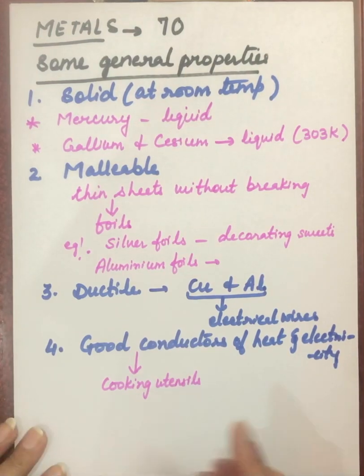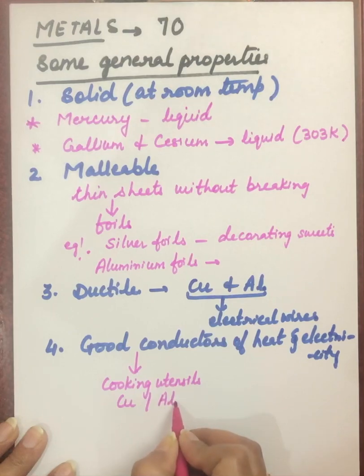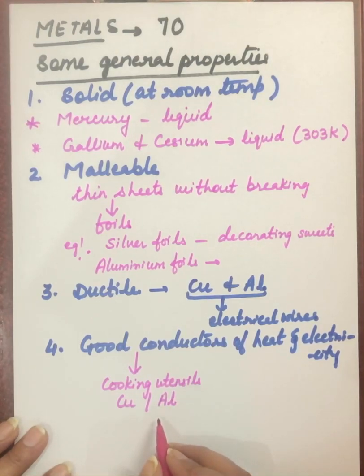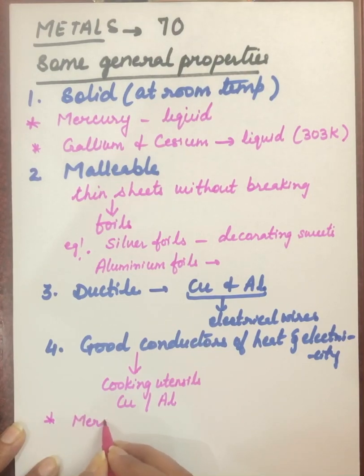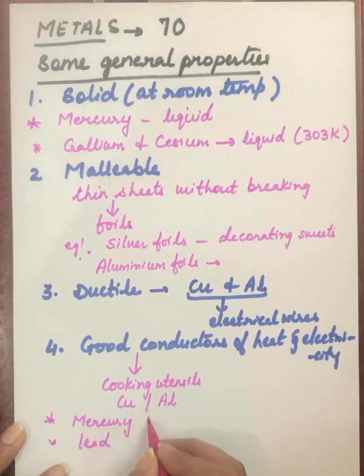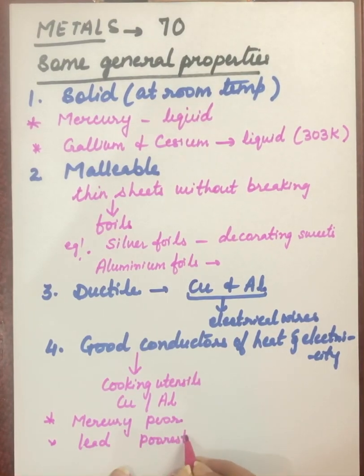Mostly the utensils for cooking are made of copper and aluminium because they are the best conductors of heat. But again, one exception we have here is that mercury is a poor conductor of heat, and lead is also a poor conductor of heat.